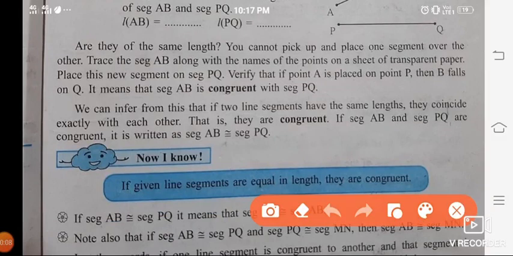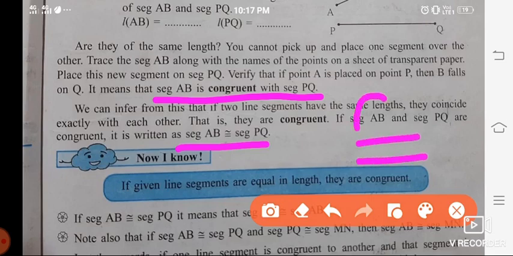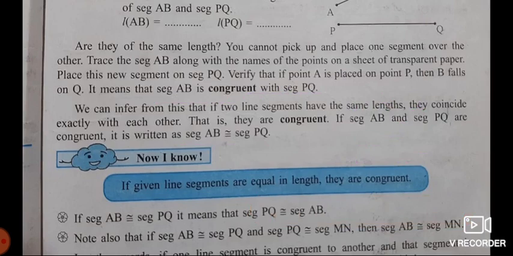See here, they have written seg AB is congruent with seg PQ with the symbol in this way. This is the symbol to show congruency. So what we have learned now is that if given line segments are equal in length, they are congruent. I hope you have understood what congruent segments are.